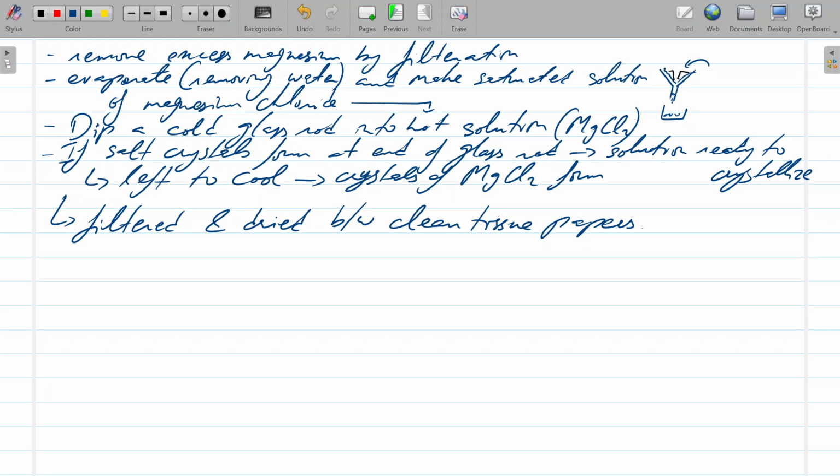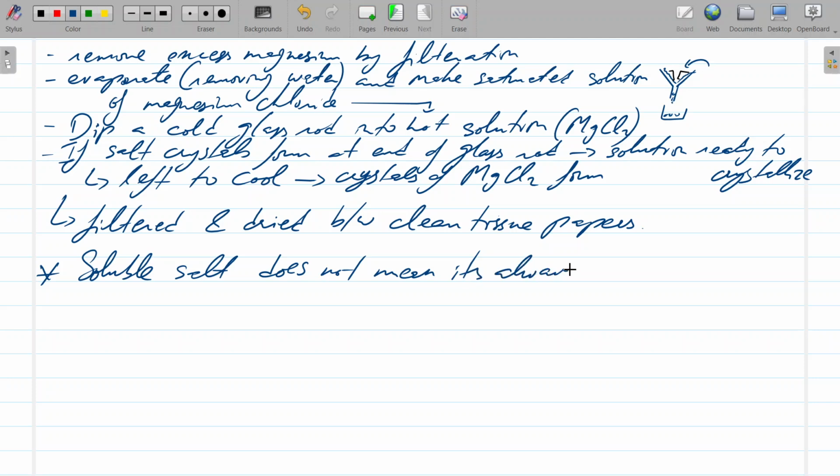Keep in mind, having a soluble salt does not mean it will always be in aqueous solution. Do we use these soluble salts in our daily life? Sodium chloride.